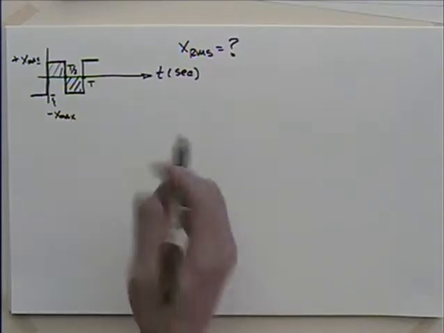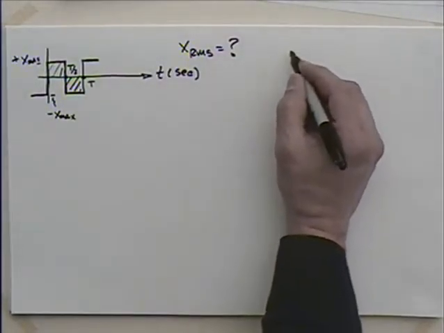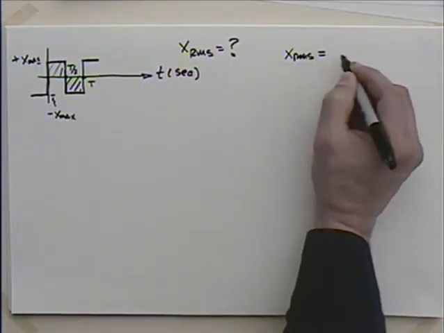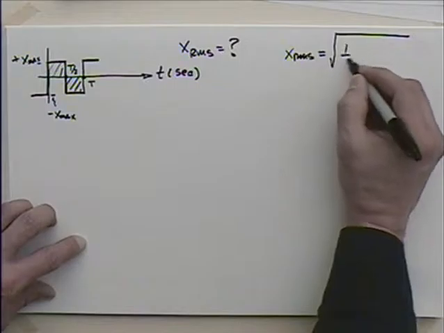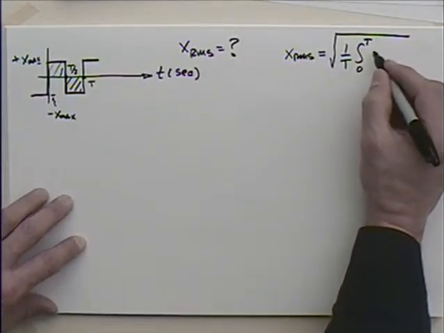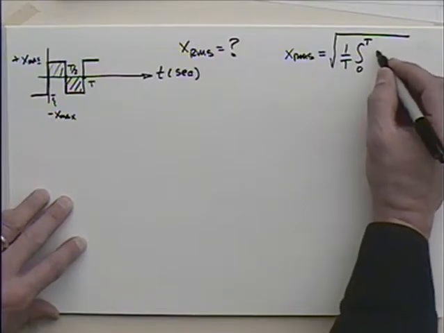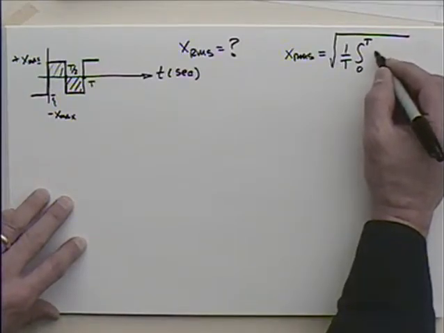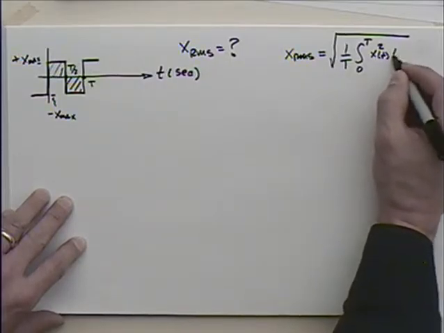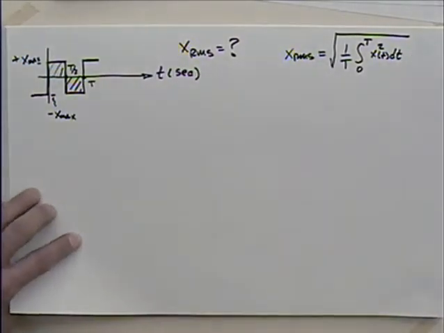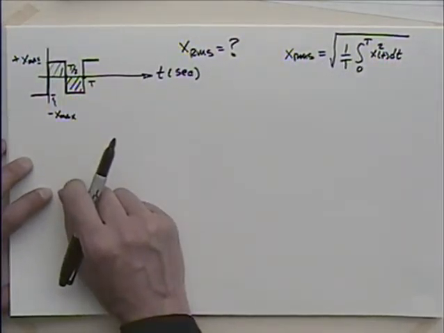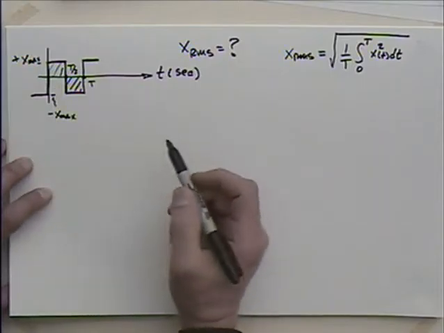So if I do the same thing that I did before, we could say that x RMS is equal to the square root of 1 over t times the integral from, we'll say, 0 to t of x of t squared dt, right? And if I have to square it, it's the same top or bottom, isn't it? If I have a negative number, I square it, I get the same number as if I get a positive number and square it.